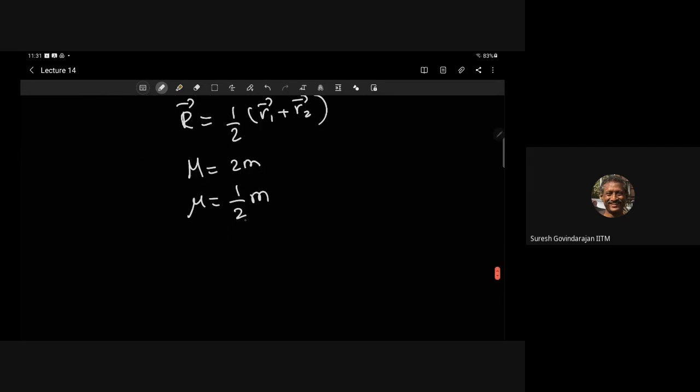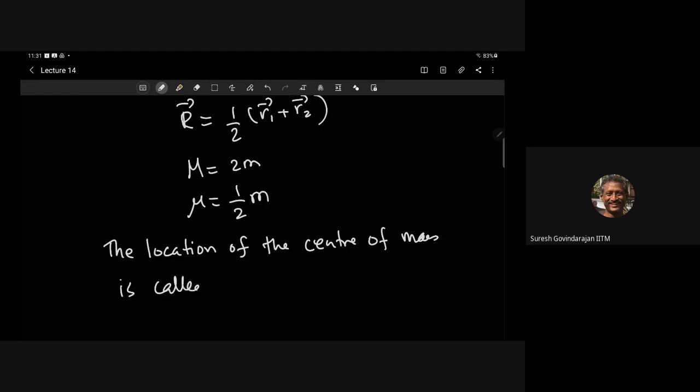Okay, and there's a name for this, the location R of the center of mass is called, anybody know the name? Barycenter, or barycentre. The one with E-R is the American spelling.